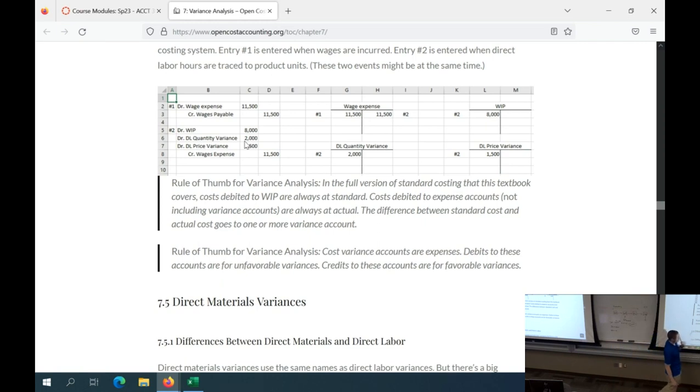And maybe there'll be more colorful language on that phone call if $2,000 really is a lot of money here, or if we're scaling and this is actually $2 million because they're all in thousands of dollars, then maybe we'll have a very different conversation. Or talking to the people in HR who are hiring and deciding, doing a lot of decision making in wages. Why does it cost so much? Why is our price variance so high? We're paying people more than we're expecting, more than the standard is.